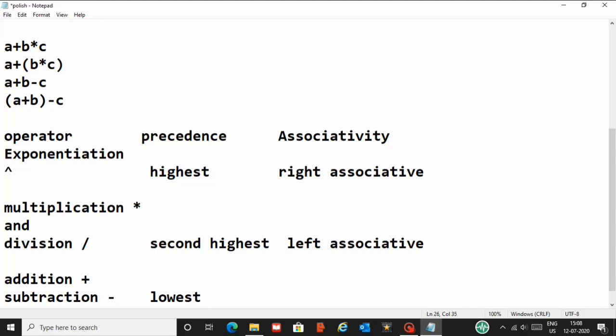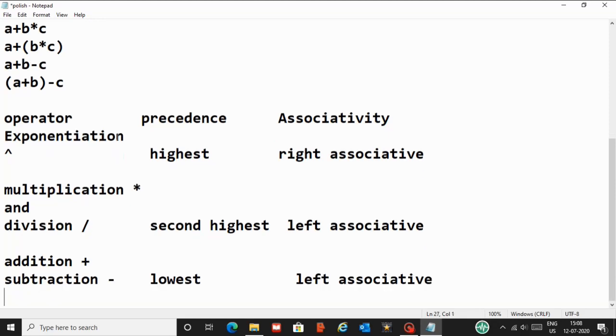Again, this is also left associative. Getting it? Please make a note of this.